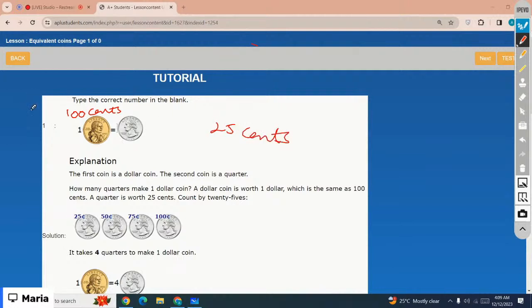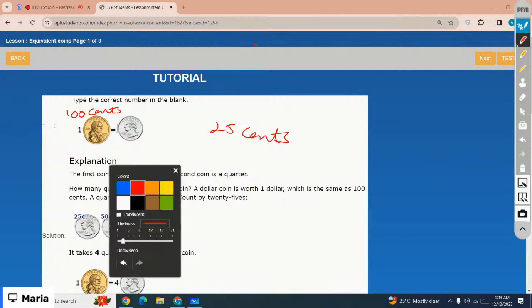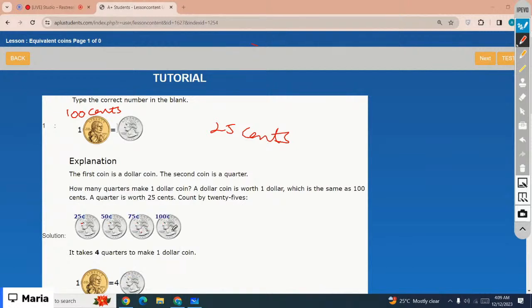You need to make 100 cents. So if you have four quarter coins, 25 plus 25 is 50, 50 plus 25 is 75, and the last one, 75 plus 25 makes 100. That means four quarter coins equal a $1 coin.